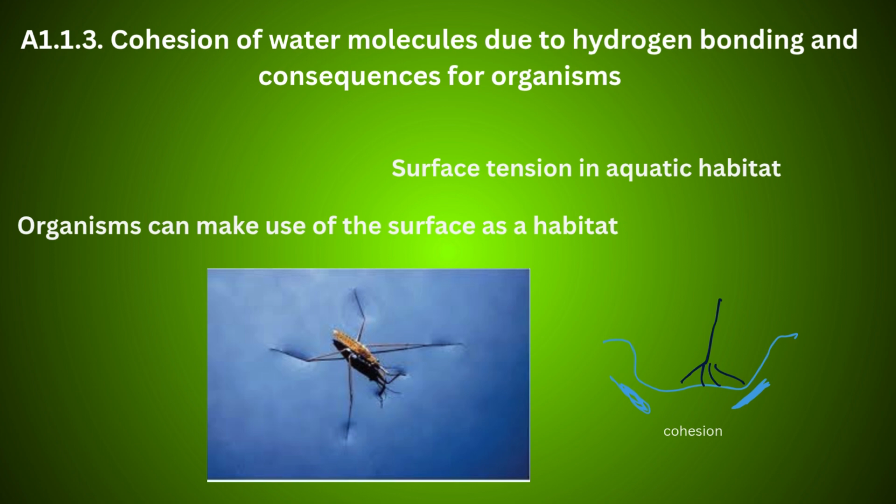What that looks like is something like this, where the water surface actually bent when coming in contact. That's all due to this force of cohesion. These water molecules are hanging on to each other so tightly that the hydrogen bond is so strong that the water doesn't even break, and now this organism can utilize the surface of water as a habitat space.